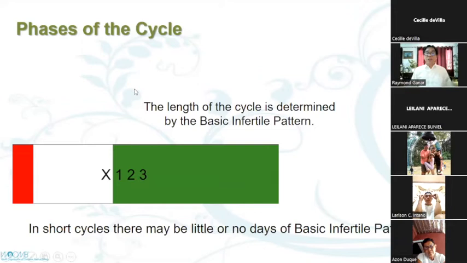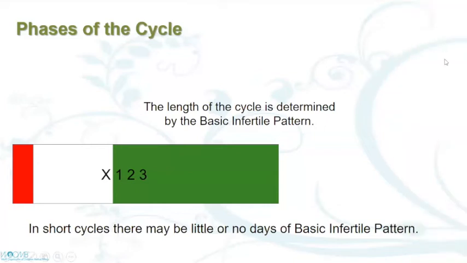This is the reason we have 3 types of cycle: a short cycle, an average cycle, and a long cycle. What makes the cycle short, average, or long? It depends on the BIP. Is that clear? Okay, so let's continue.